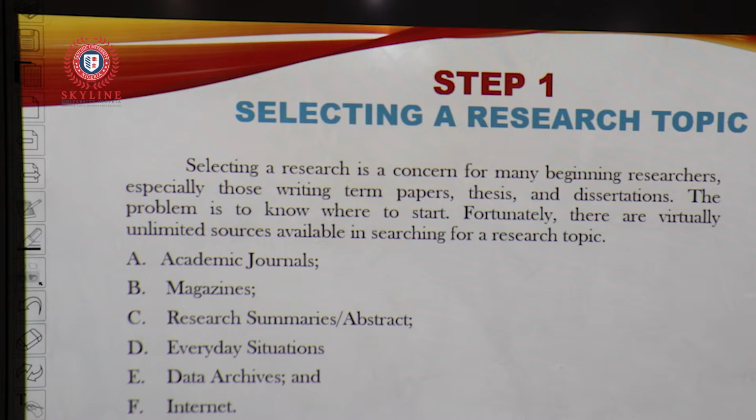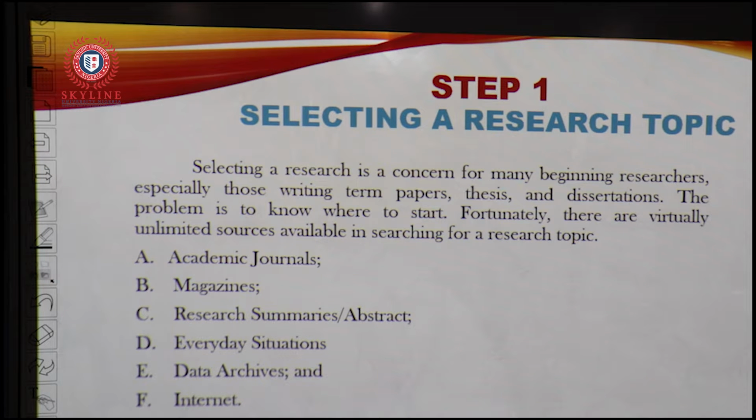Number one, academic journals, magazines, research summaries or abstracts, everyday situations, data archives, and the internet. So all these things are sources of research. You can select a topic. For academic journals, you go through them and you get viable research topics, magazines, and all of that.